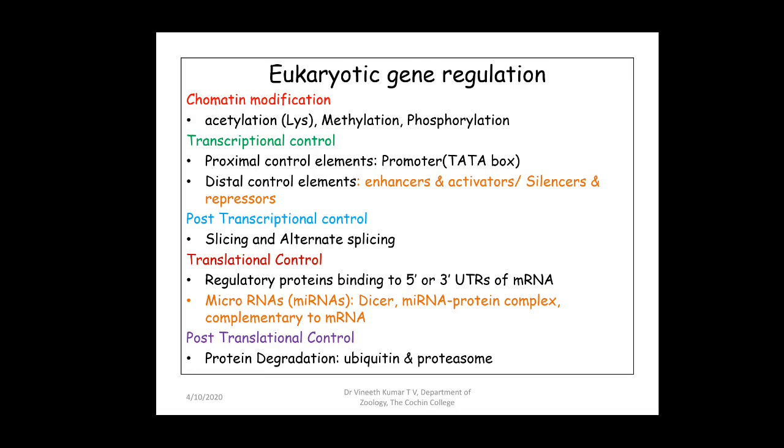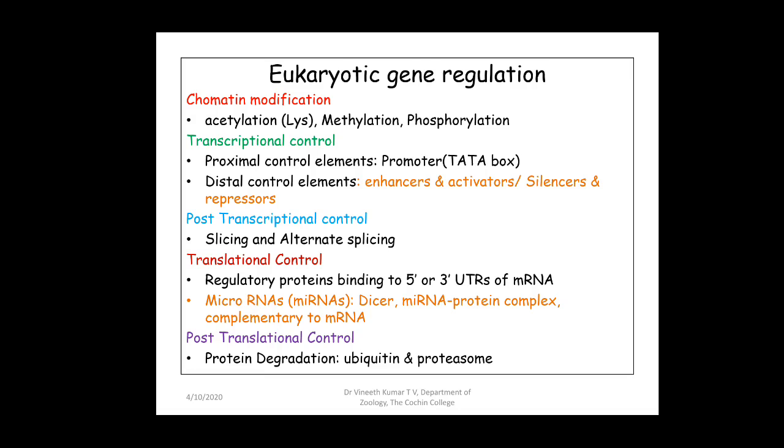Transcriptional, that means you have promoter elements which are proximal and distal control elements which either activate or repress it. Post-transcriptional, which is splicing machinery. Translational control, mainly by miRNAs, and post-translational with the help of ubiquitin and proteasome. So this is an overall explanation about eukaryotic gene expression.